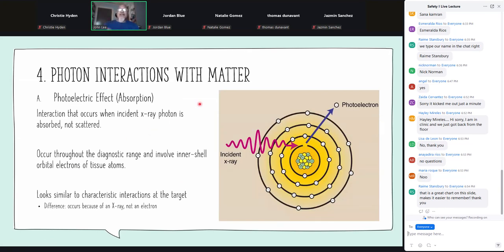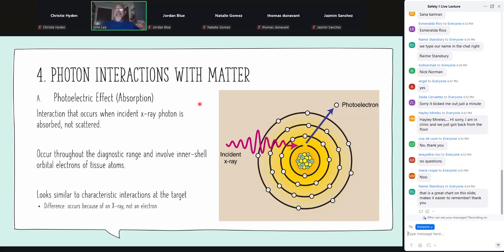So there are 5 interactions, and 3 of them happen in the diagnostic range, but only 2 of them really contribute greatly to image production. Okay. The first of which is the photoelectric effect or photoelectric absorption. This interaction occurs when an X-ray enters the body and strikes a K shell electron or a tightly bound electron.